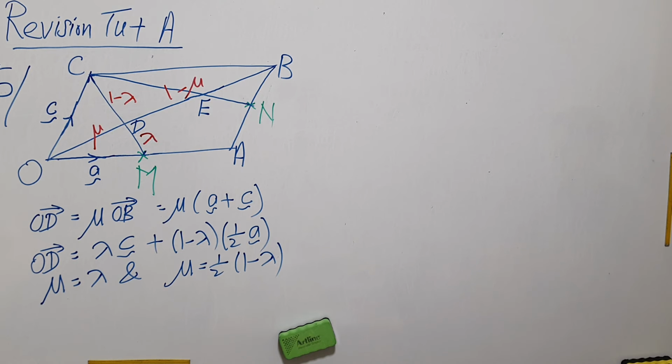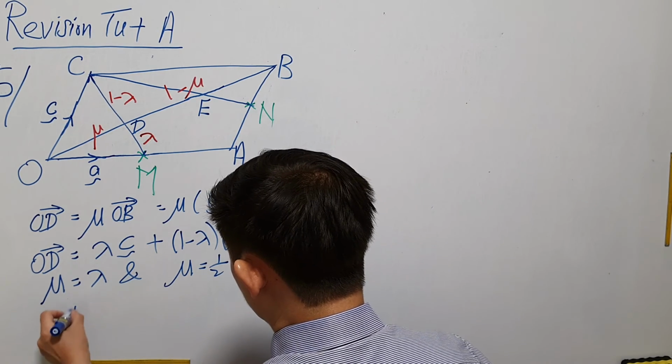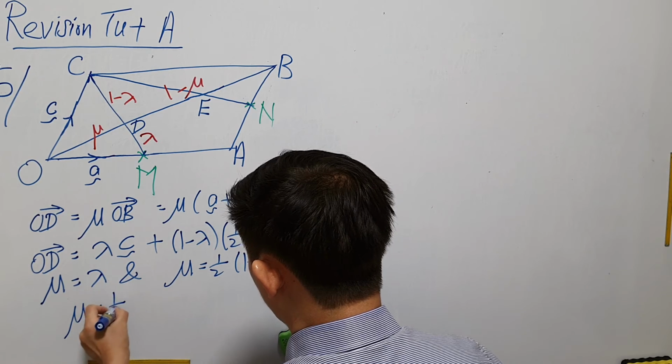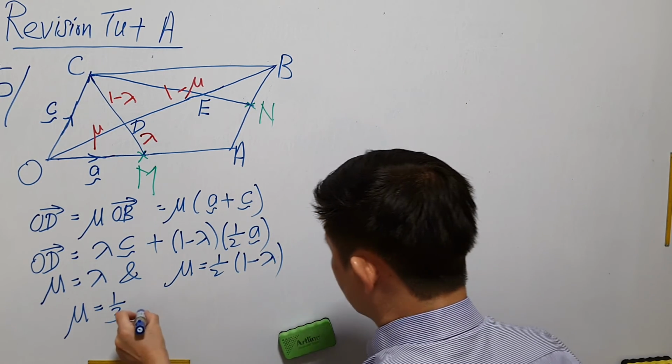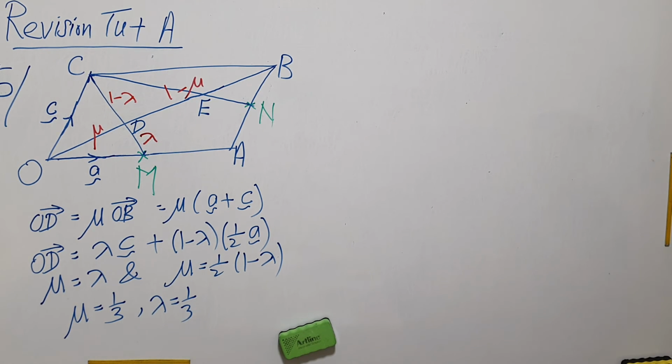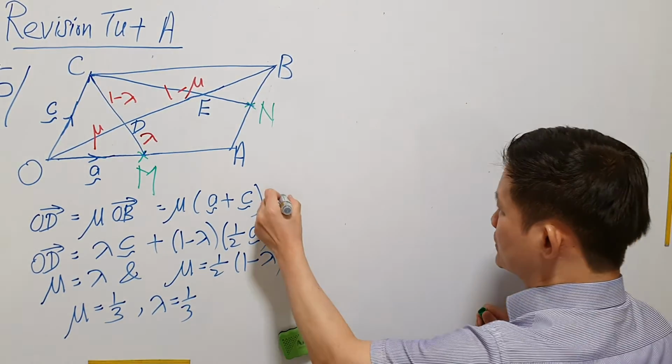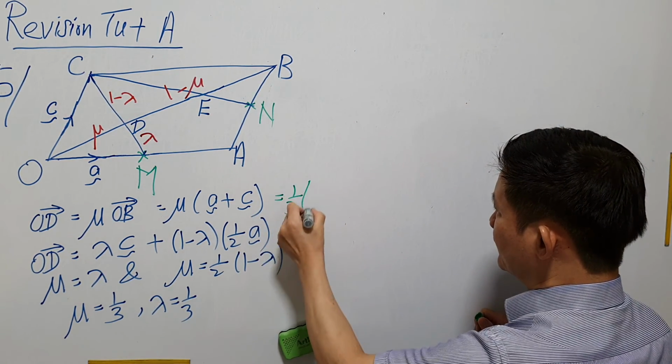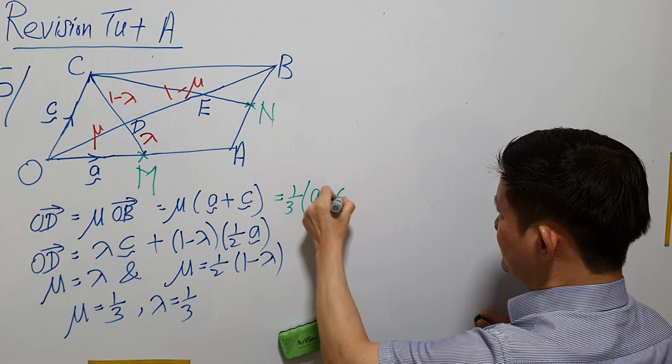By solving these two simultaneously, you obtain mu equals 1/3, and of course lambda is 1/3 as well. So OD will be equal to 1/3 of A plus C.